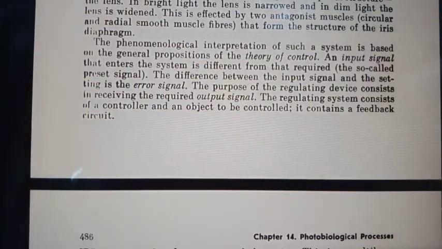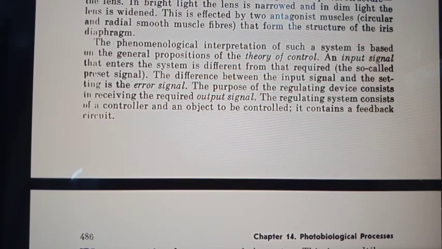The phenomenological interpretation of such a system is based on the general propositions of the theory of control. An input signal that enters the system is different from the regulated one.